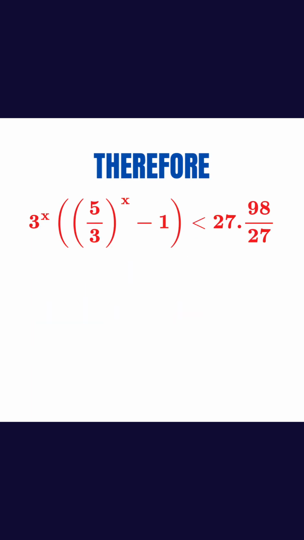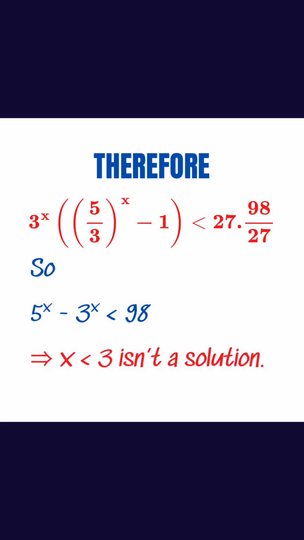Therefore, 3 to the power x times the quantity 5 divided by 3 raised to the power x minus 1 is less than 27 times 98 divided by 27. So, 5 to the power x minus 3 to the power x is less than 98. Therefore, x less than 3 is not a solution.